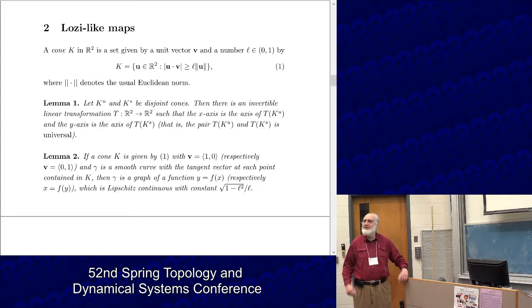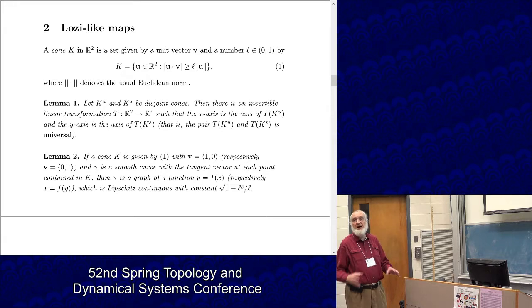Well, you just make some assumptions and iterate your map, and you get something very similar. Then it's usually not true that this is conjugate to one of those Henon maps or Lozi maps, because you have only two parameters in infinitely many parameter family. So what we did with Sonia was we introduced some much larger family.